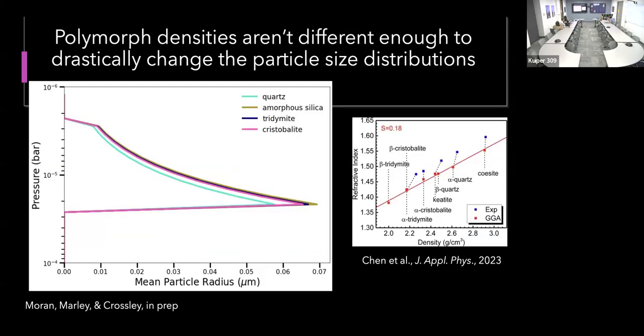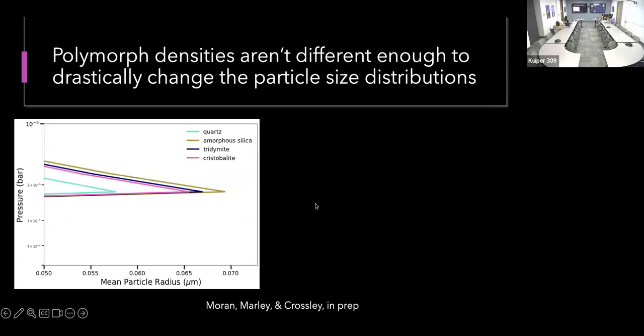And that comes out, so now I'm just reminding you of the sequence of how things plot with density. So what we're looking at now is the mean particle radius that makes up the cloud layer as a function of pressure. You can see that they're basically identical here for each species. You're getting slightly bigger particles, very slightly. We can even zoom in a little bit here.